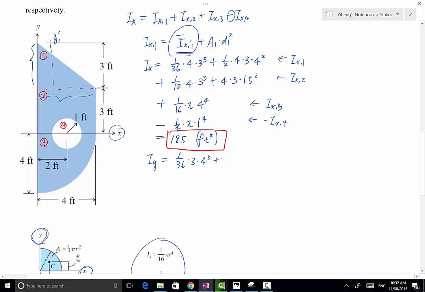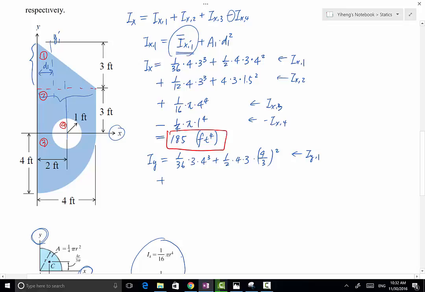Using the parallel axis theorem, 1/2 times 4 times 3, that is still the area of the triangle. That stays the same. But d1 now is this distance. d1 equals 1/3 of the height, which is 4/3, raised to the 2nd power. So this is now my Iy1. Moving on to the rectangular shape.